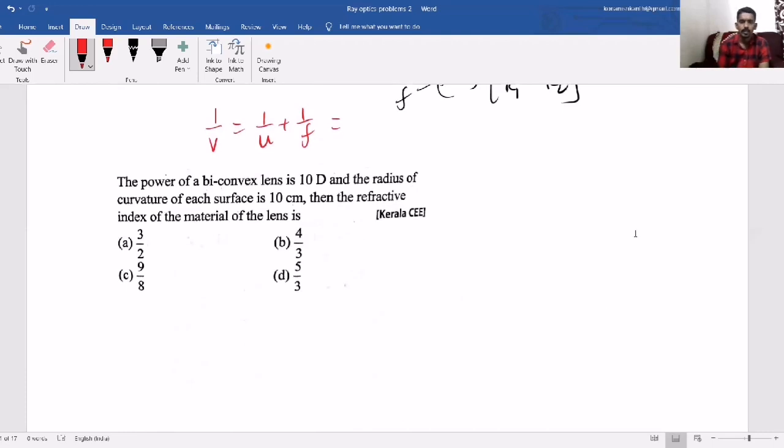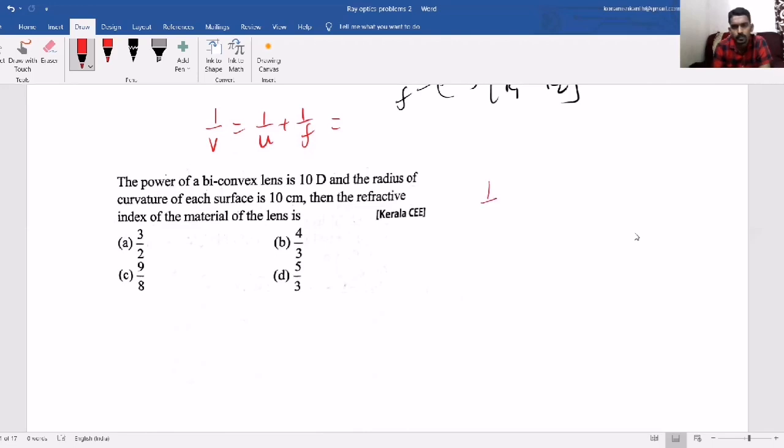Now let's take the next question. The power of a biconvex lens is 10 diopter and the radius of curvature of each surface is 10 centimeter. Then the refractive index of the material of the lens. Biconvex lens they are telling.